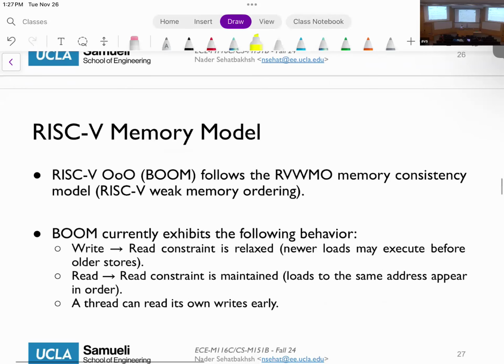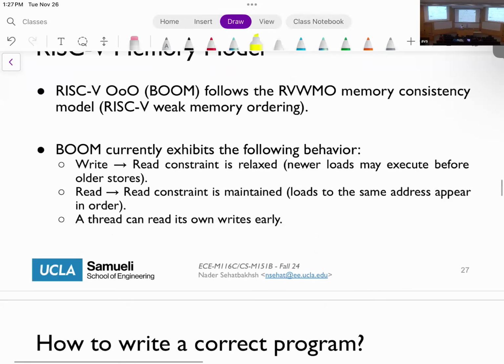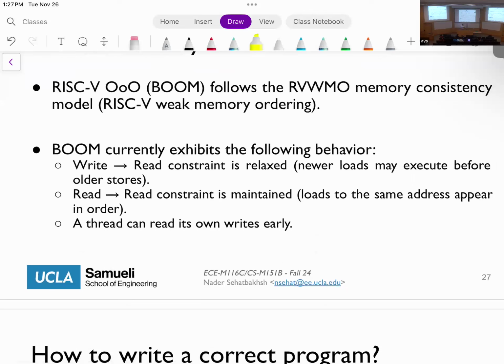If you want to summarize it, the reads after writes ordering is relaxed. So I can issue reads before writes. In other words, newer loads may execute before older stores. Read constraints are maintained, and threads can read their own writes early as well.